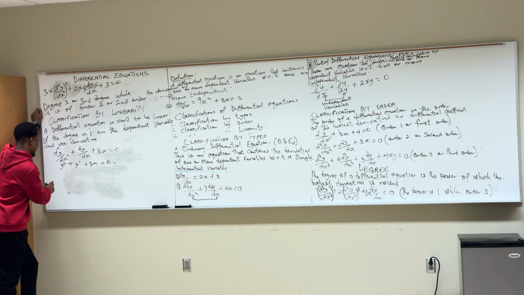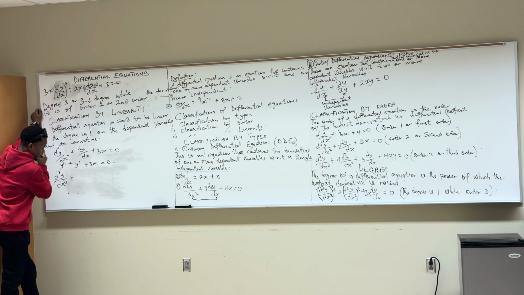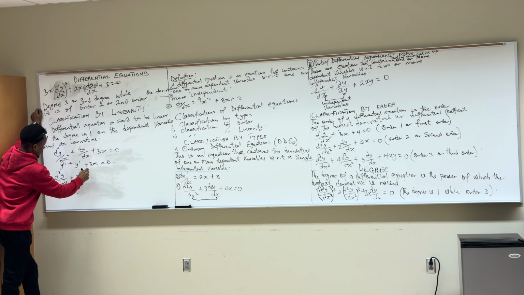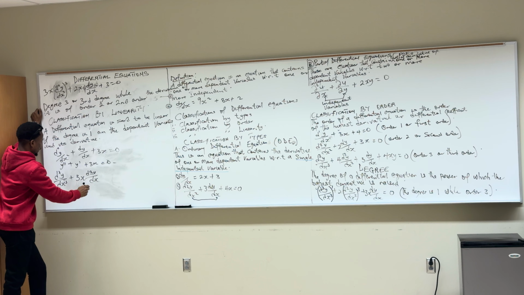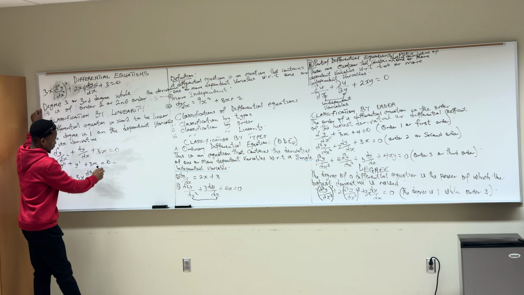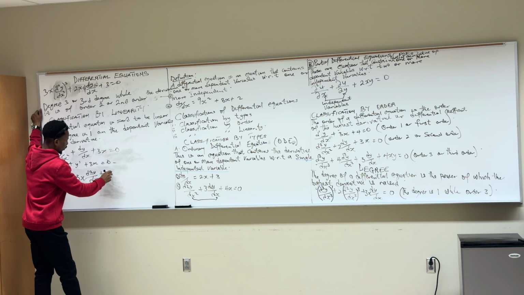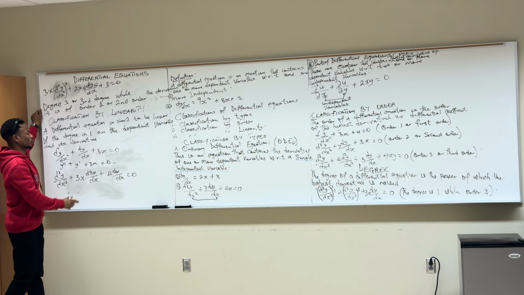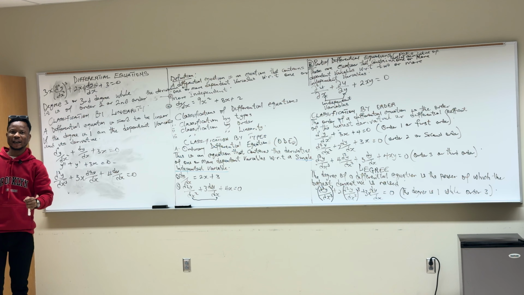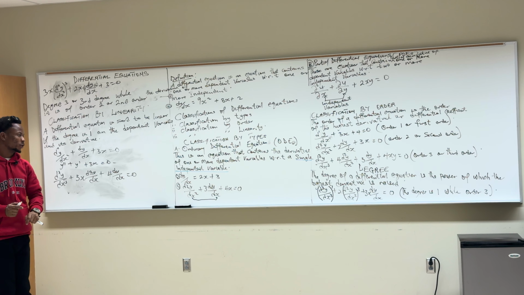Also, another example, let's say we have d³y/dx³ plus 3x d²y/dx plus 4 dy/dx equals 0. This is also another example of a linear differential equation.